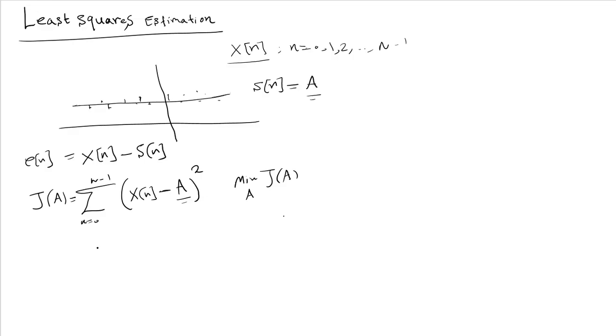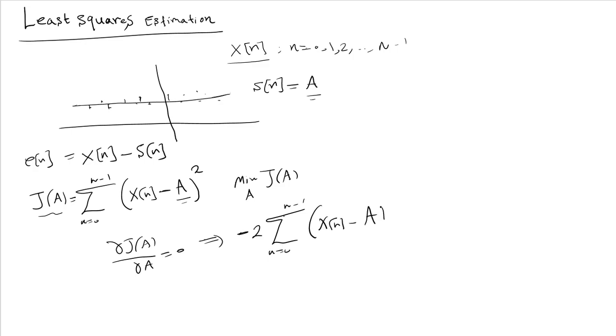I just need to take the derivative. Set to 0, and I have minus 2 times the sum equal to 0.